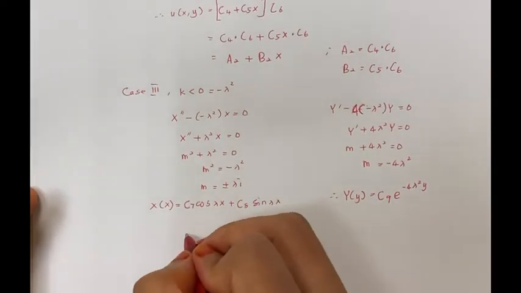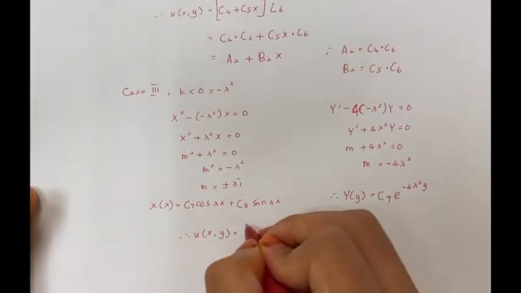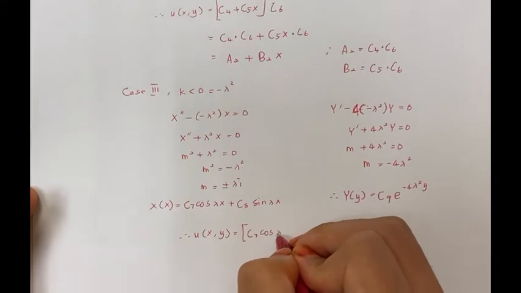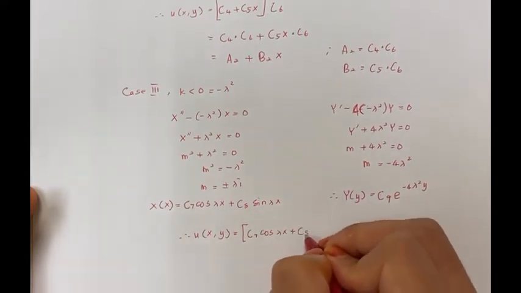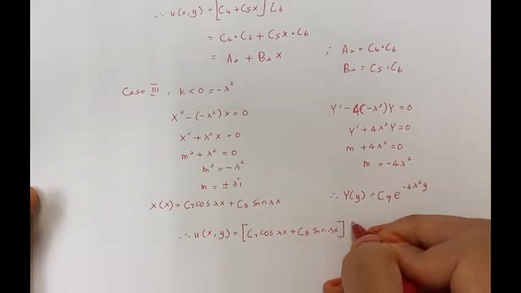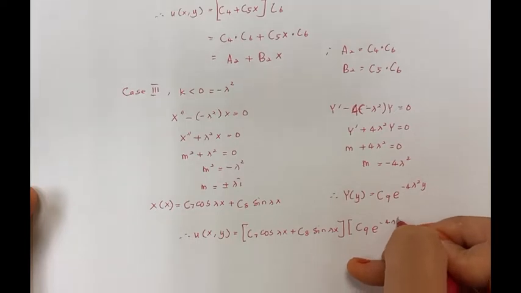Last, you have your Uxy. Uxy is equal to C7 cos lambda x plus C8 sin lambda x multiplied with C9 exponent -4 lambda square y.